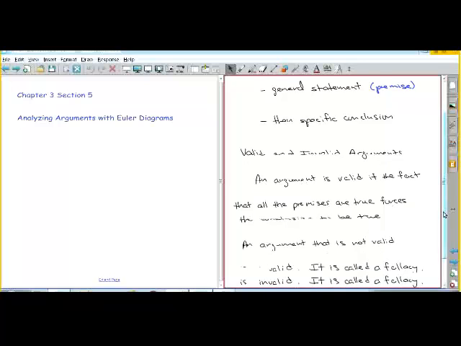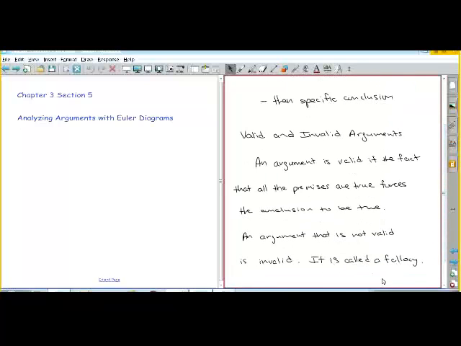We call an argument that's not valid invalid, or we call it a fallacy. So those are the words we're going to use: a valid argument, an invalid argument, or a fallacy. We don't say a fallacy argument. A fallacy is just an invalid argument.